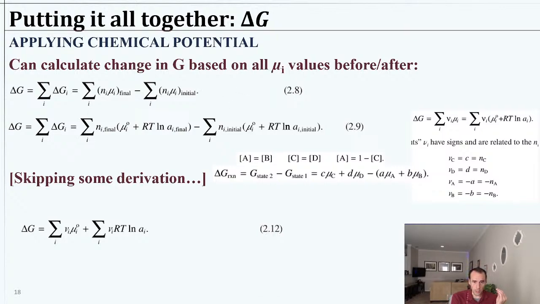We already described that delta G can be defined in terms of the number of moles and the chemical potential. And in fact, what we said was the chemical potential was the del G del N, right? So that's the G per mole. So we can just rearrange that a little bit and get G in terms of the moles and the mu.